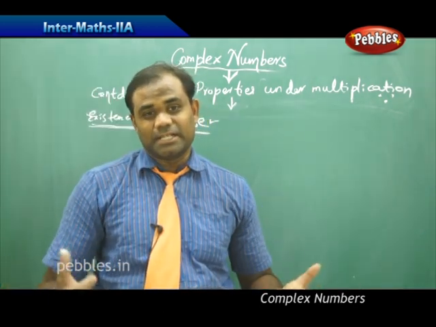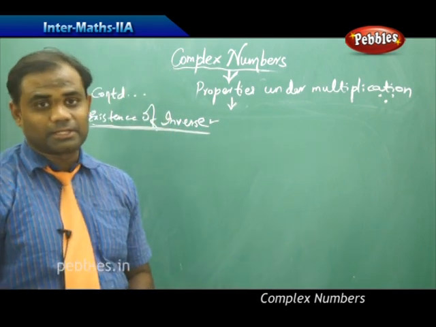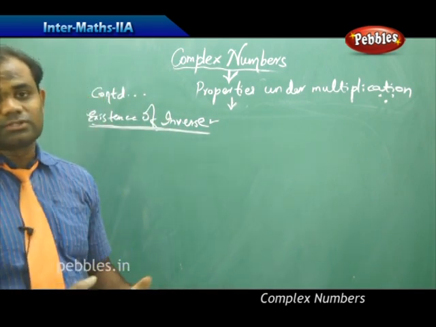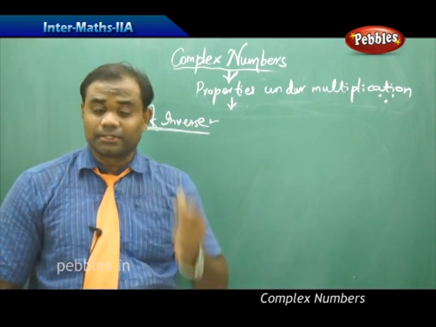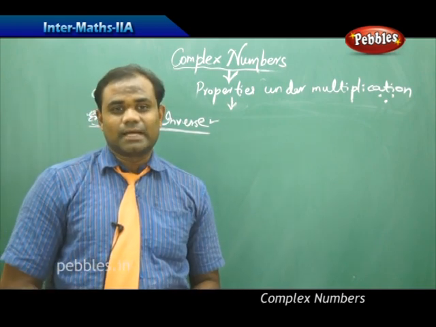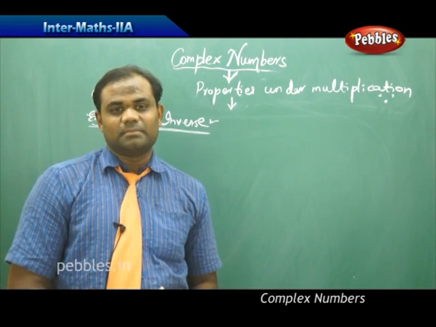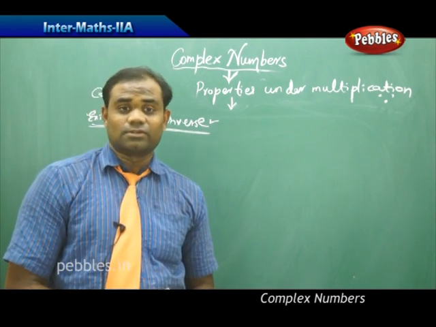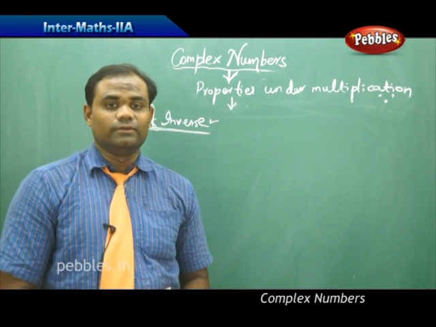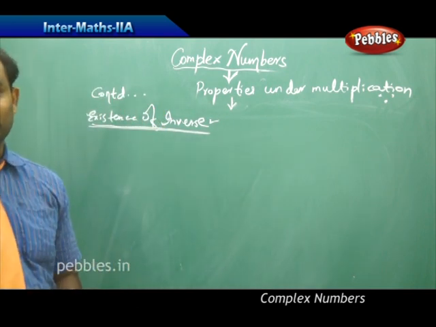Now let's see what is the multiplicative inverse of a complex number, or how the properties hold when I take into consideration the multiplicative inverse. As we have seen with the additive inverse, minus z1 is the additive inverse of z1, is how we see the similar property under multiplication.